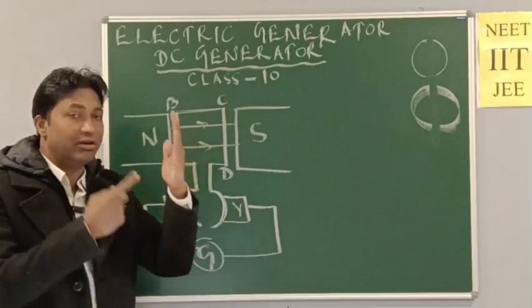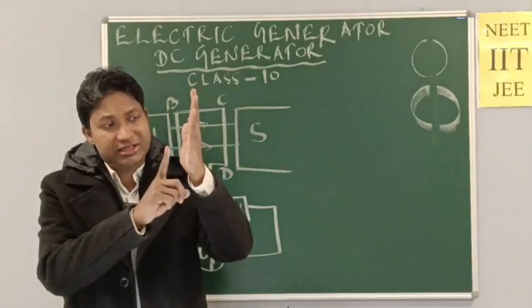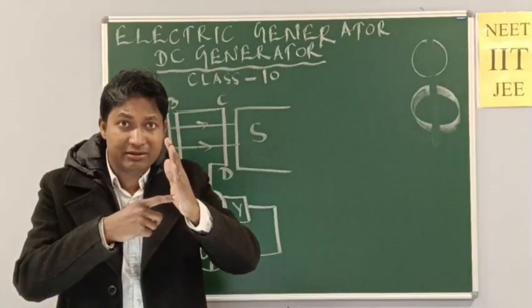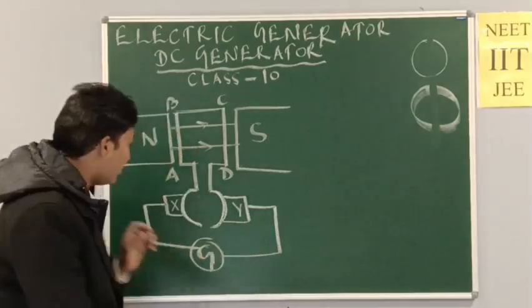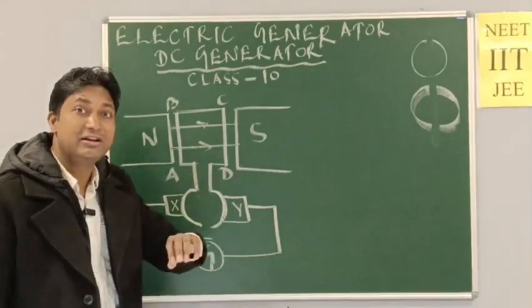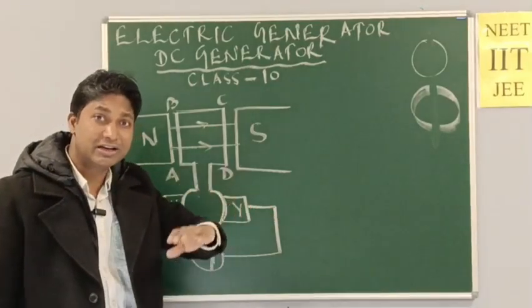This is Y. Here the split ring and carbon brush are in contact. Why is this carbon brush in contact? Because current can pass.